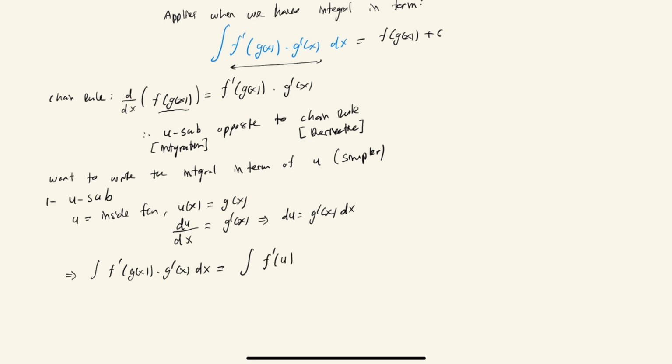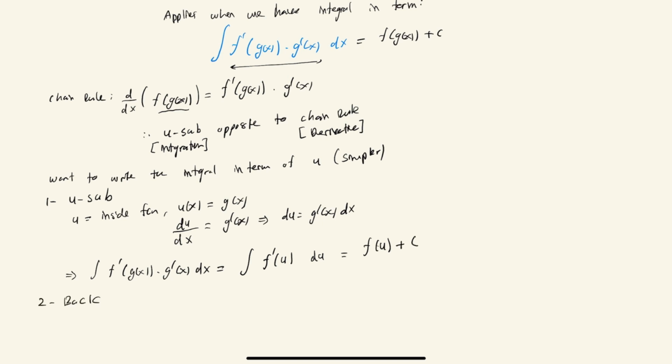So f prime of u, and then g prime of x dx is going to be equal to du. We can see that after the substitution, the integrand is a way simpler form when we can find the integral of this function. It's going to just be f of u plus c.